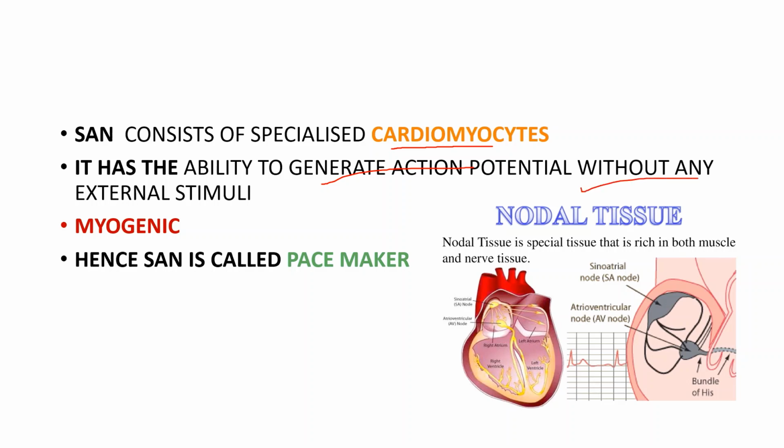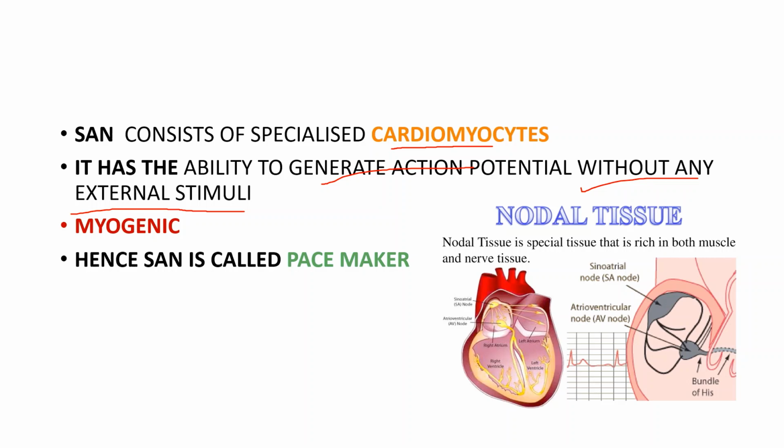That means the sinoatrial node can generate action potentials without any stimulus from the central nervous system, without any nervous stimulus. That's why the human heart can generate action potentials without any nervous stimulus or external stimuli.